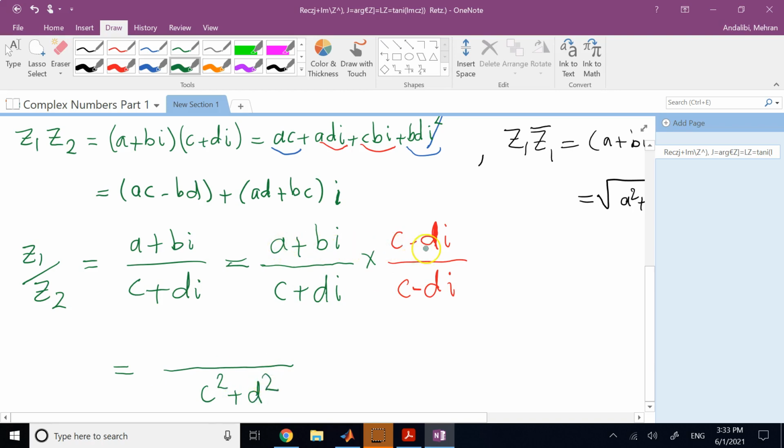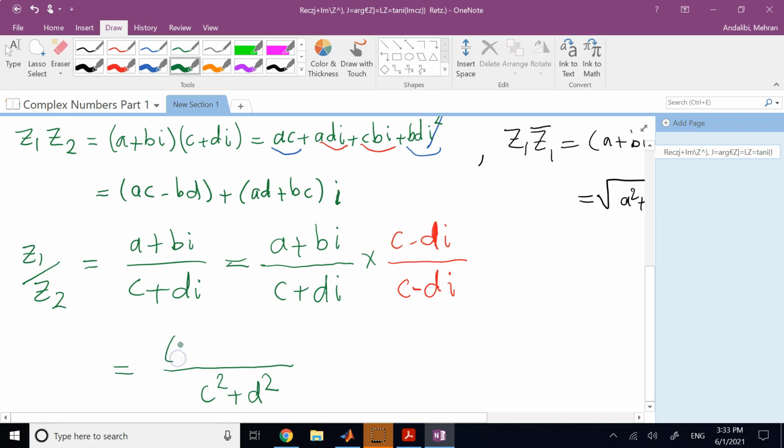Now the numerator, you have the product, and if you follow the top rule, you will get AC plus BI times negative DI, which is going to be negative BDI squared, and I squared is -1, so that -1 with this negative cancels.